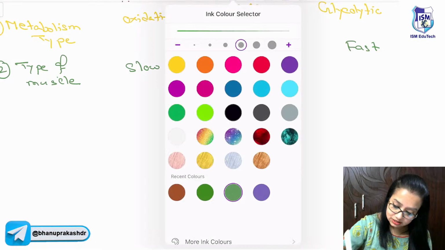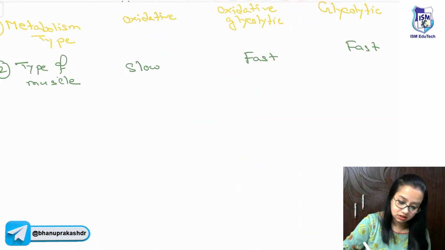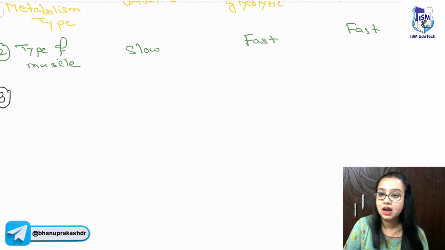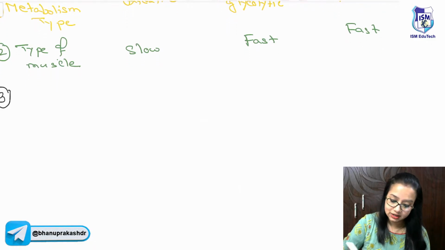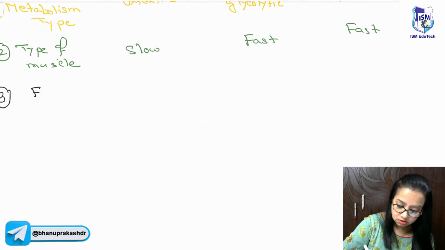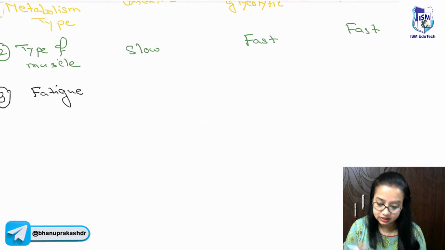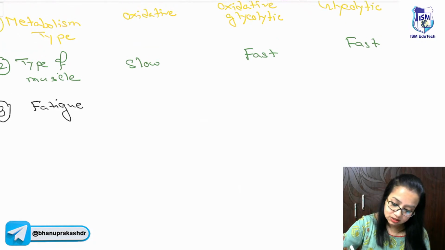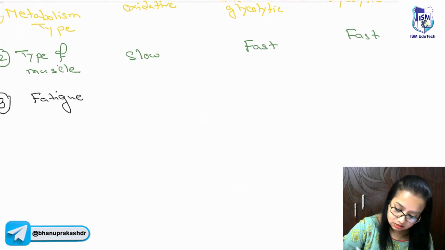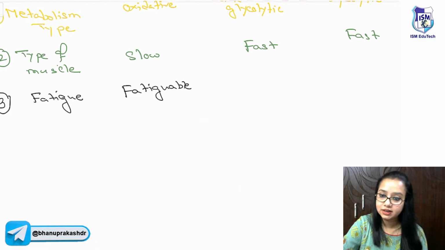Now, the next is how fast this muscle will fatigue, like how fast there will be accumulation of lactic acid. So, fatigue or fatigability. Type 1 is fatigable, it will fatigue, but it will take a long time to fatigue.